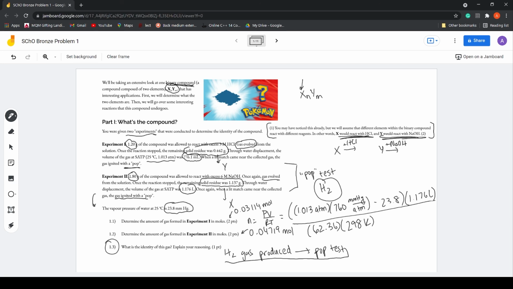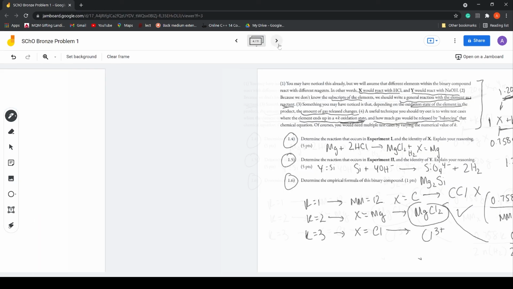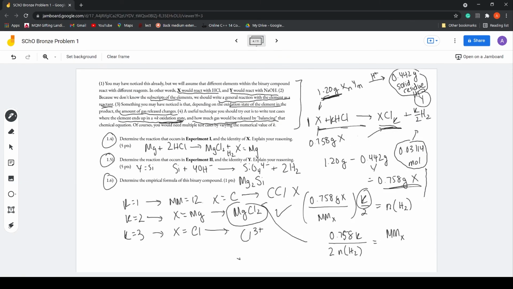Take all this information and decipher it. Another really key thing to note for any stoichiometric questions is to keep these sort of variables, right? Have your variable of k, you can call them whatever you want, but have these variables where you can systematically run through a bunch of cases.